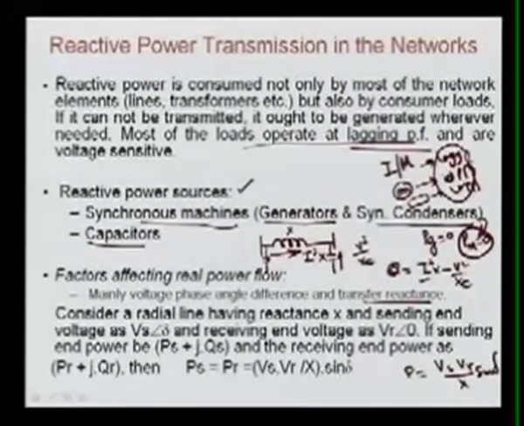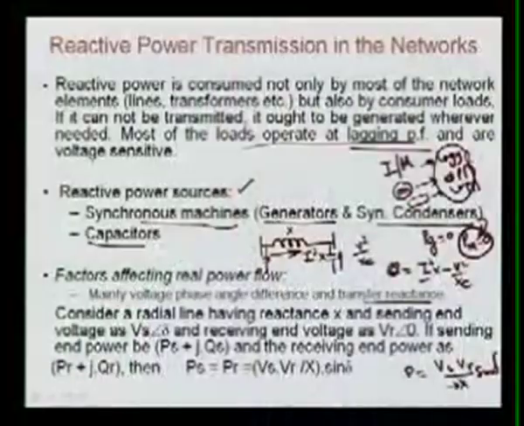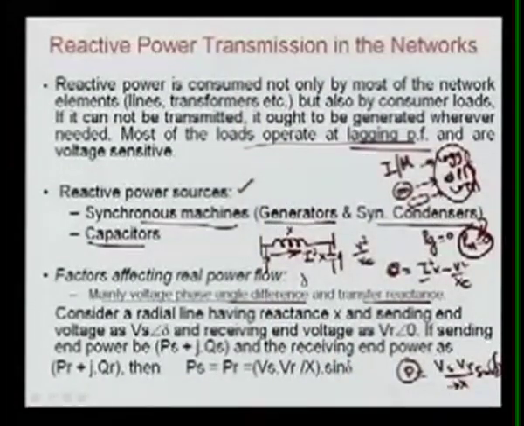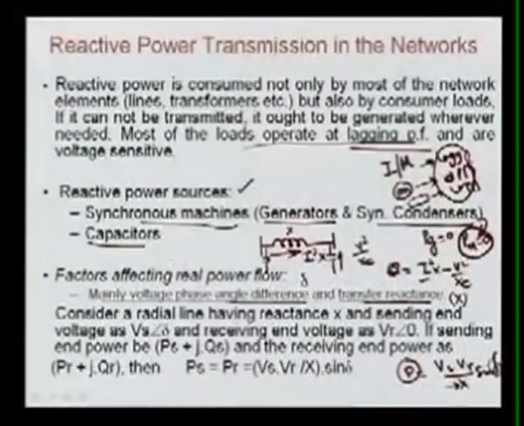This voltage we know is very little affected, because voltage change is not so much, but if X is changed and delta is changed, P is very much governed by X and delta. So the voltage phase angle difference, that is delta, and the transfer reactance X are the major factors affecting the real power flow in the transmission lines.